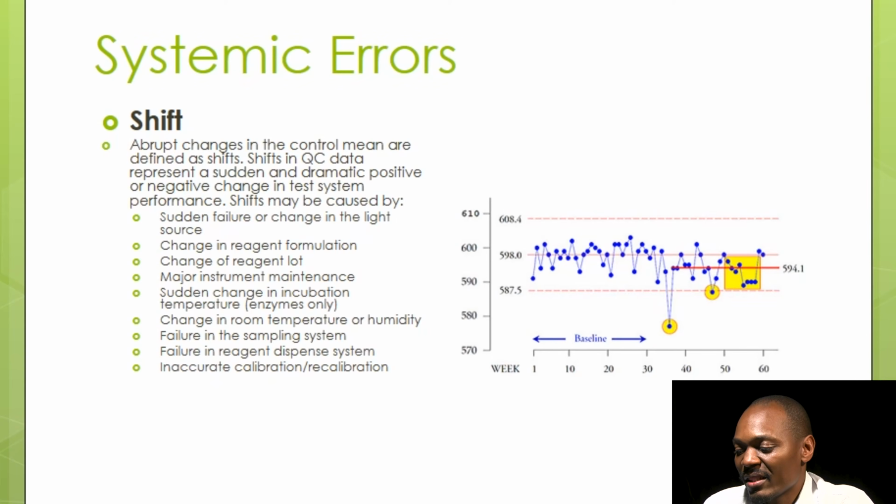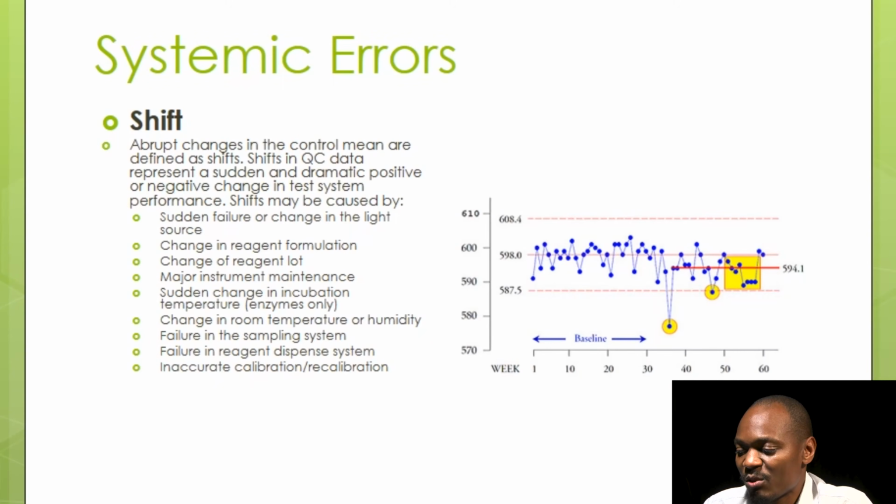Another systematic error that we have highlighted is shift. Shift is an abrupt change in the control mean, a result of changing from the usual mean to a different mean. A shift in QC data represents a sudden and dramatic positive or negative change in test performance.